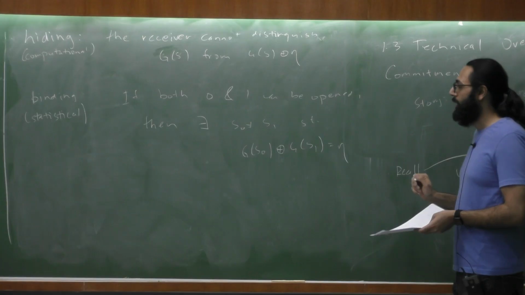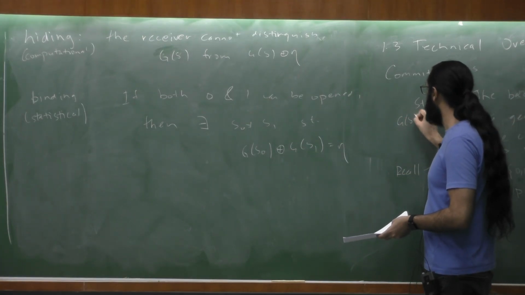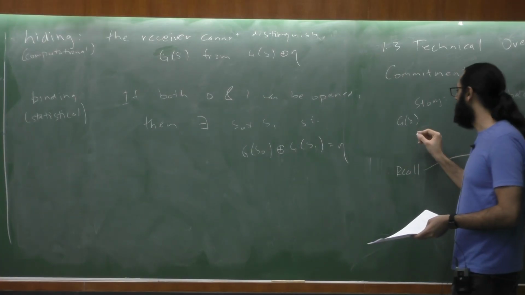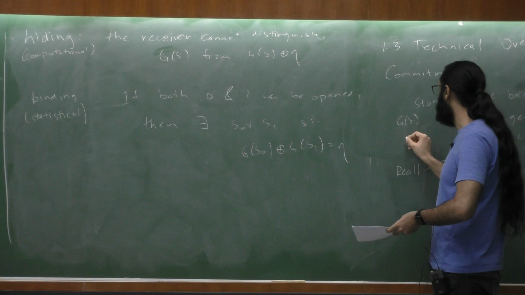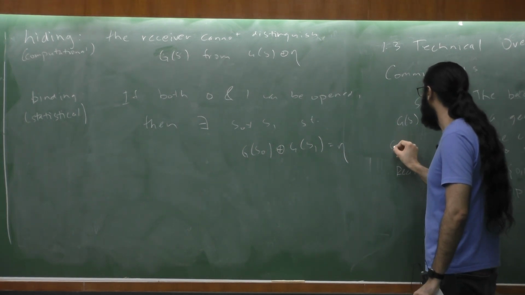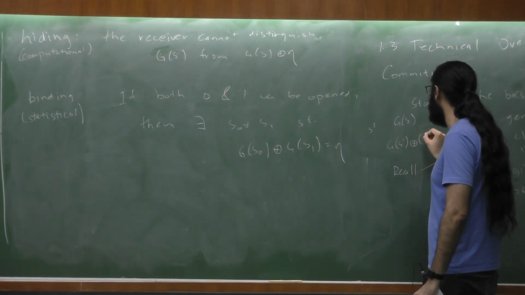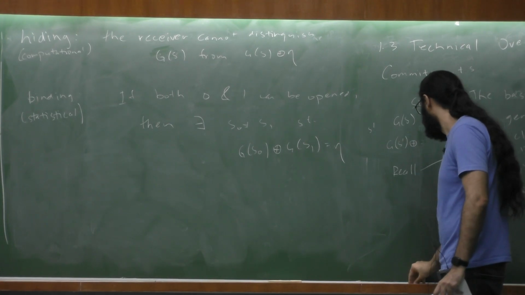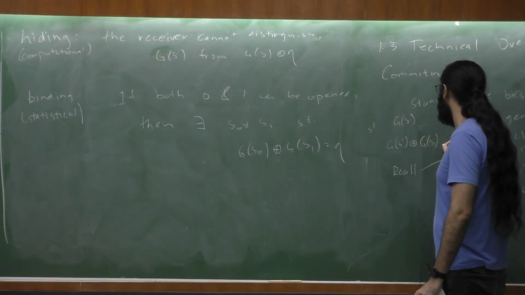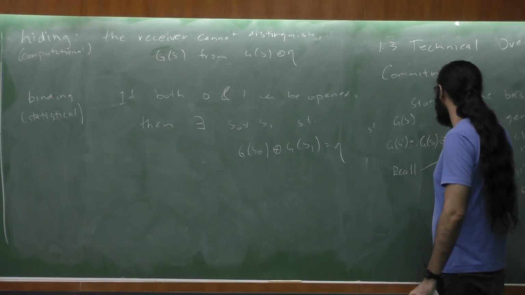Because say the prover sent G(S), right? If he wants to open to 1, he would have to be able to find G(S prime), let's say S prime, such that G(S prime) XOR G(S) looks like this thing XORed with eta, right?